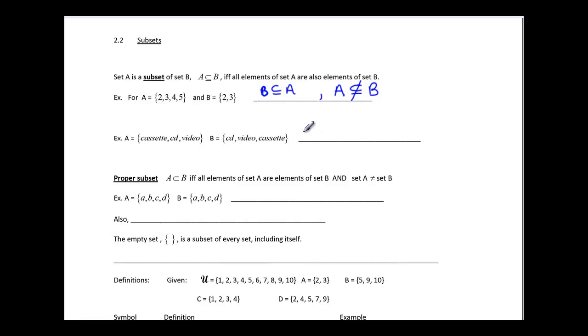So we could actually say that A is a subset of B because every element in A is also in B. We could also say that B is a subset of A, and then with the definition of equality, we would say that set A is equal to set B.